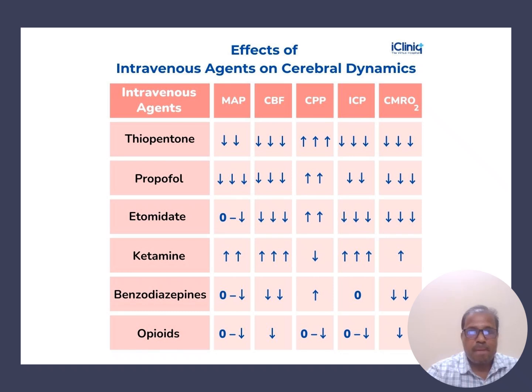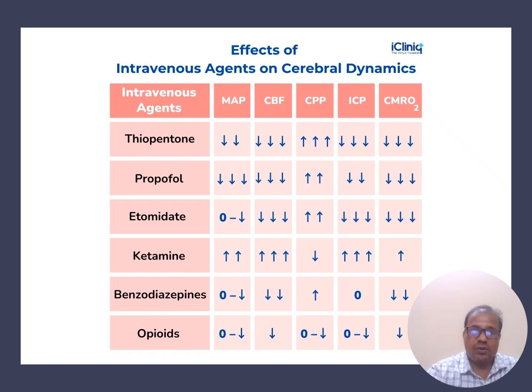That's why, in comparison to other agents, dexmedetomidine is the first choice to achieve hypotensive anesthesia, and the second one is propofol.